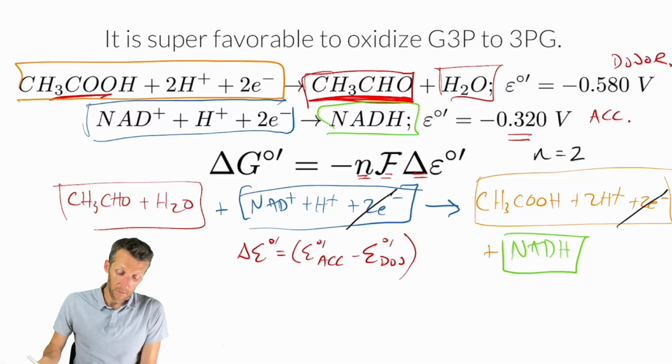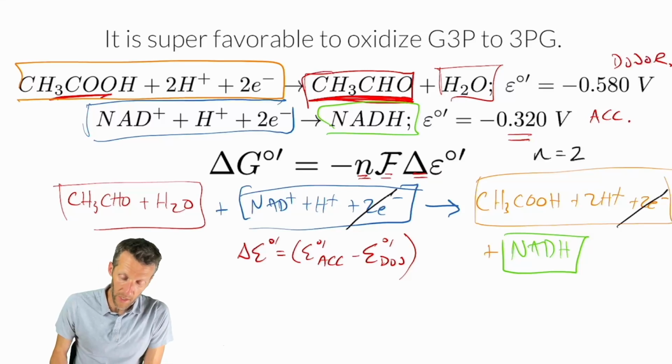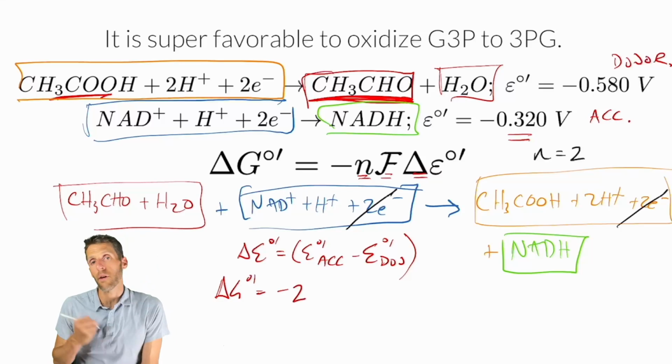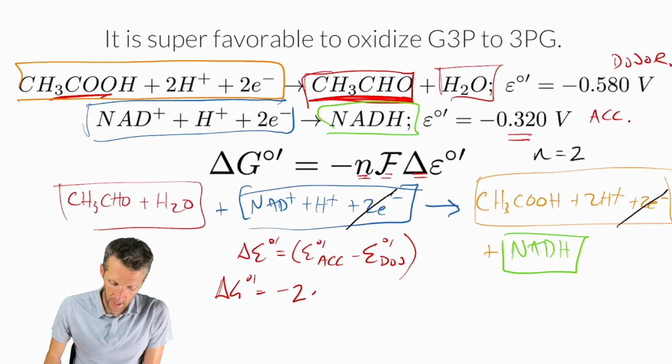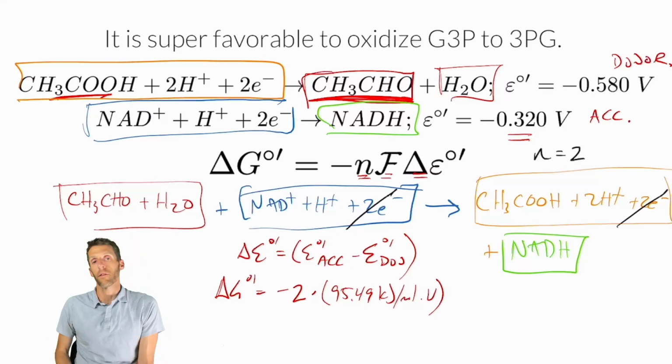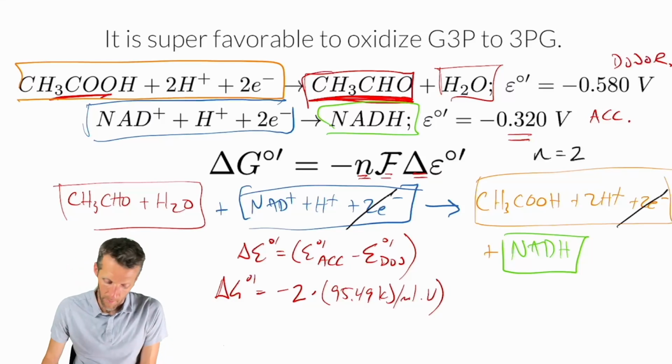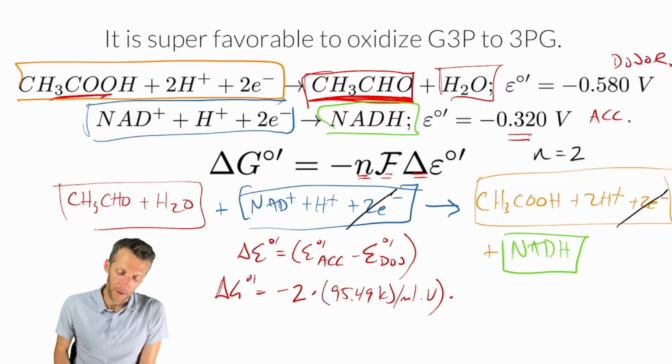That means you can plug in some numbers here. So if we plug in all of our numbers, we would get our delta G equals minus 2, right? We've got 2 electrons, that's our n, times our F, which is 96.49 kilojoules per mole per volt. There's a number that once you've taught this enough times, you'll remember. Otherwise, you'll just look it up on the internet.